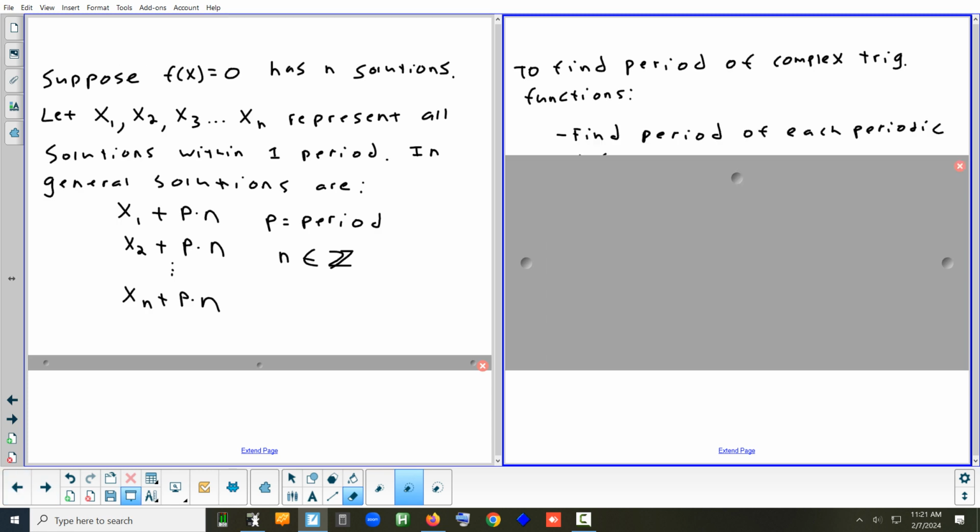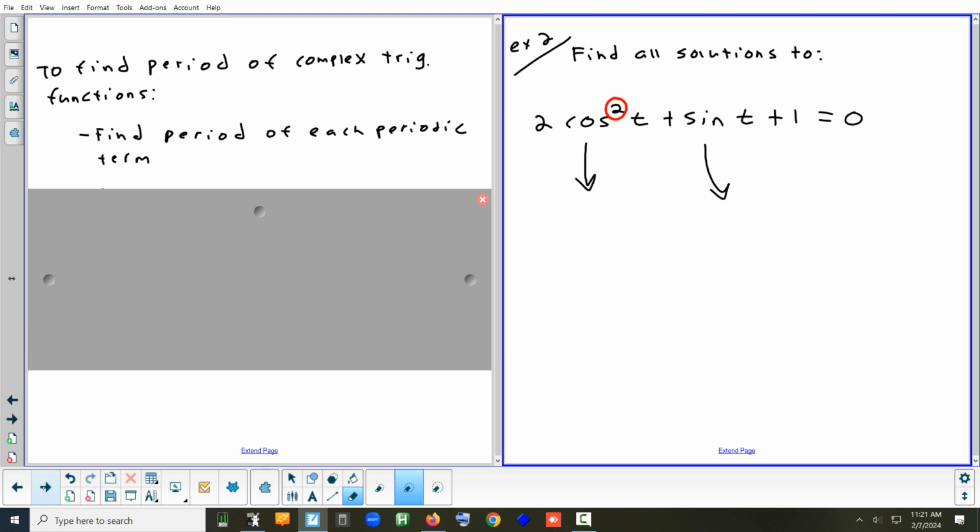Well, the first thing we have to do is find the period of each periodic term. So what's a periodic term? In that problem, cosine squared is periodic, sine is periodic, 1 is not. 1 is a constant term. So we have to find the period of each term that's periodic.